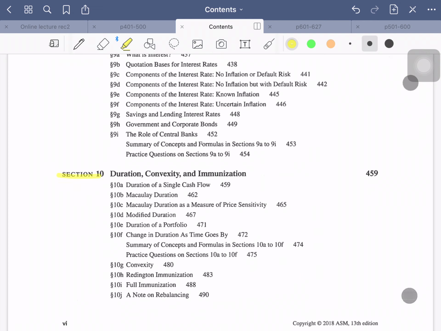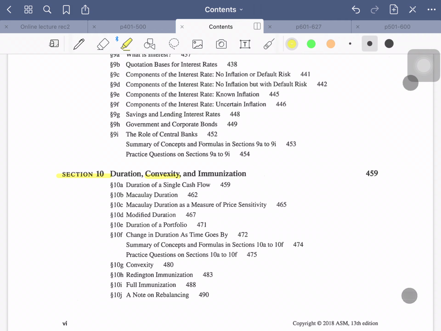And chapter 10. We have already studied the duration, but we also have other concepts such as convexity. Duration is a kind of linear concept, and convexity is a quadratic concept. If you approximate a function by, for example, Taylor expansion, we have a linear term and a quadratic term.